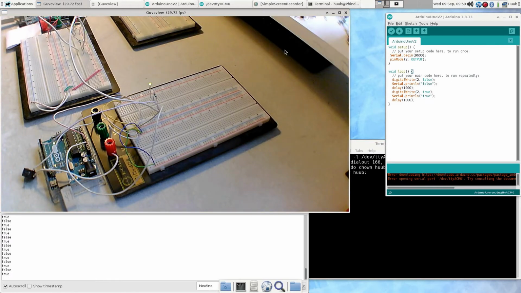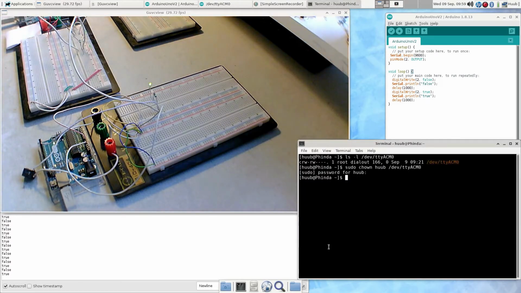Anyway, you can see here everything is running, and by the way, here you can see that the interface to which the Uno is connected was not accessible to me.